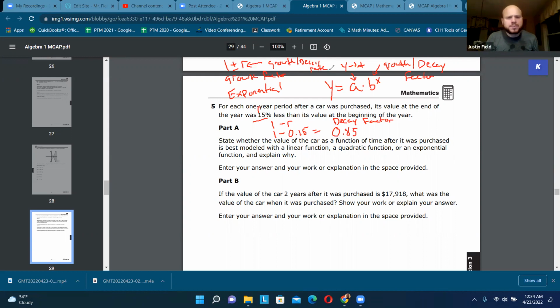Okay. State whether the value of the car as a function of time after it was purchased is best modeled by exponential.